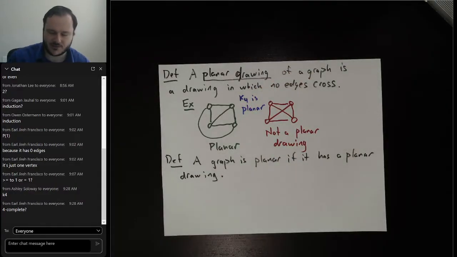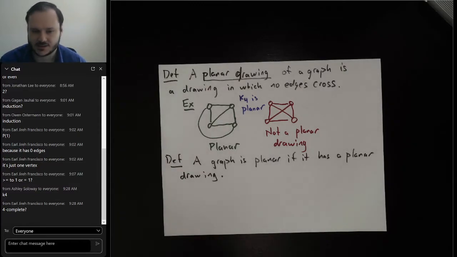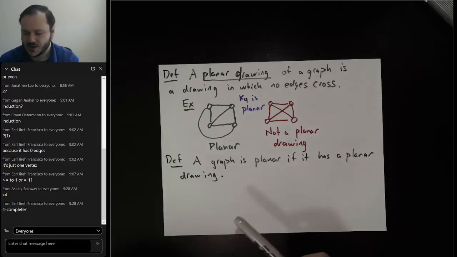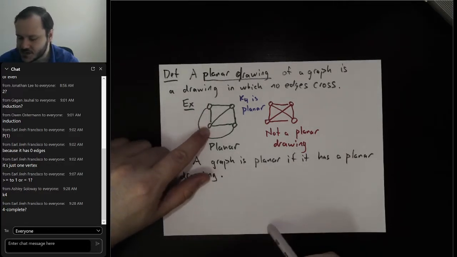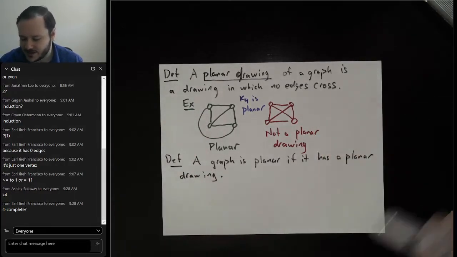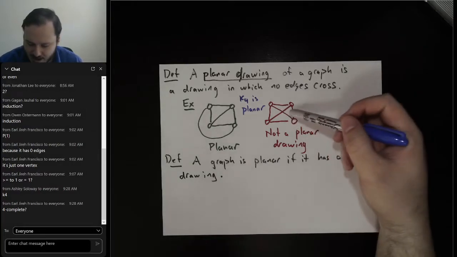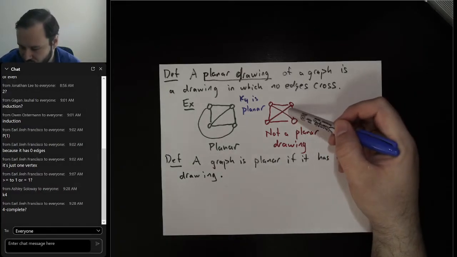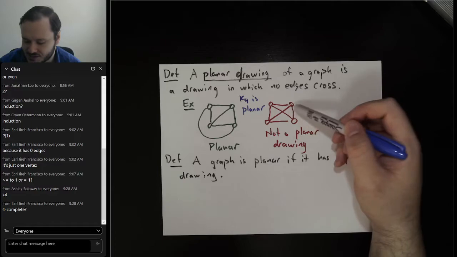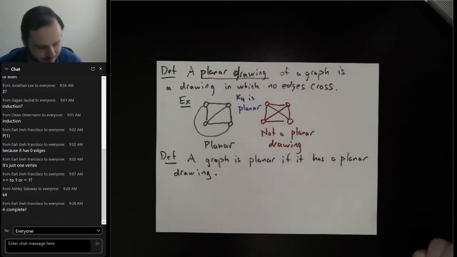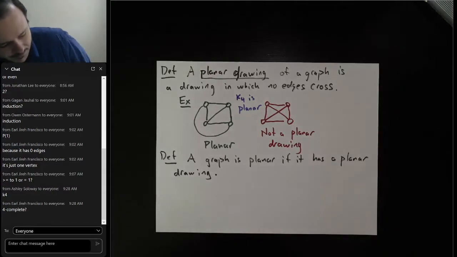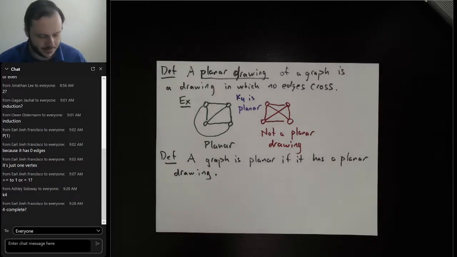Yeah, the complete graph on 4 vertices. K4, good. So K4 is a planar graph because I can draw it like this. I can also draw a K4 like this. This doesn't make K4 a non-planar graph. It just is not a planar drawing.